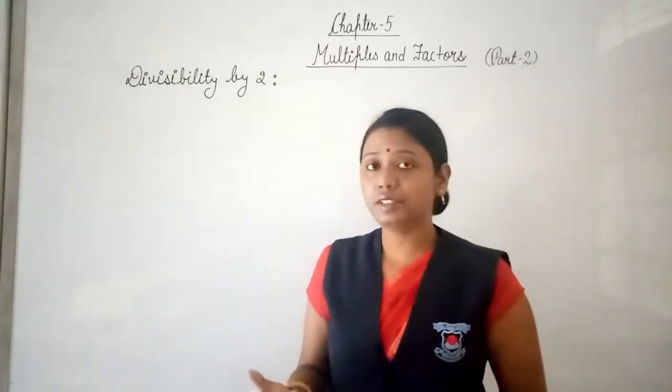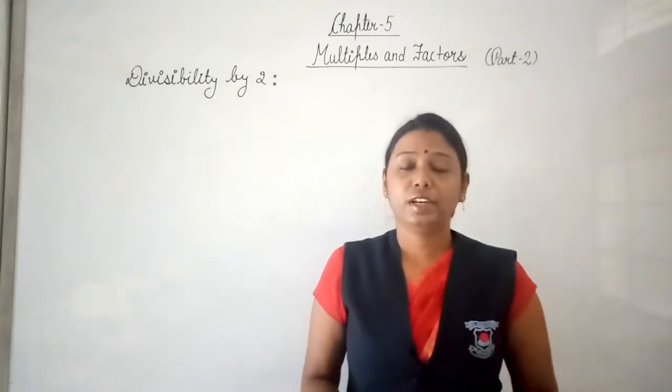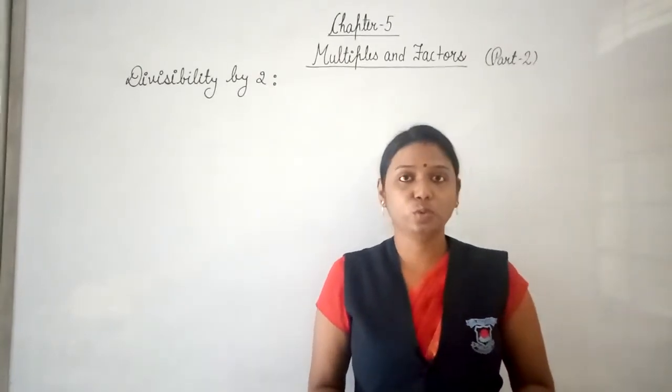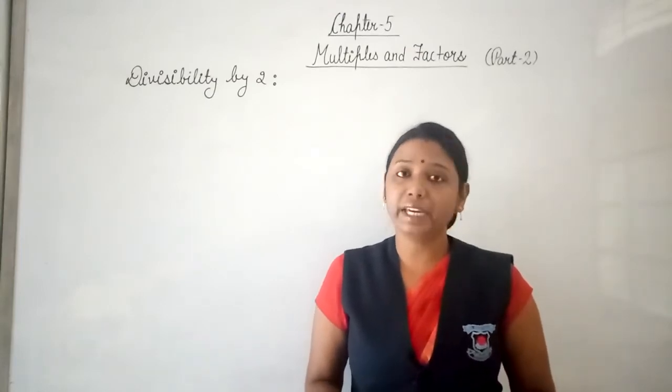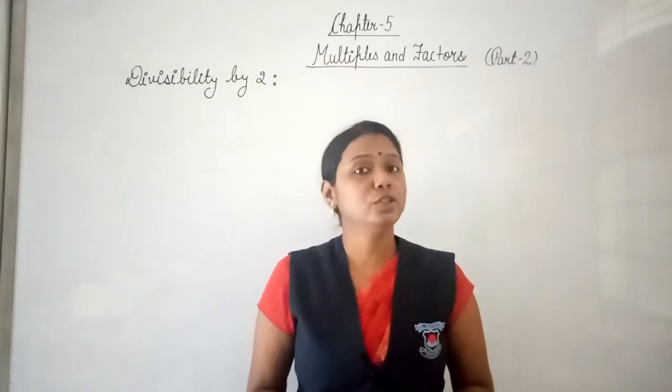The easy trick is, you just have to check the ones place digit. If 0, 2, 4, 6 or 8 is written there, then that number will be divisible by 2.